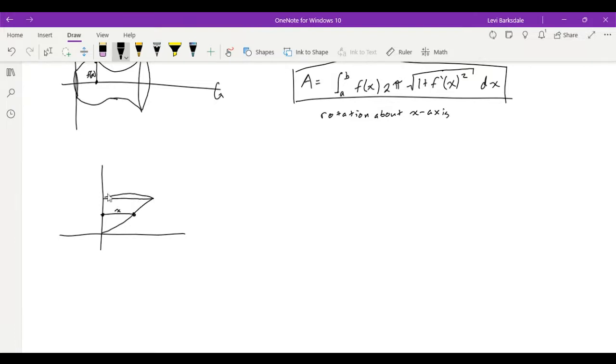This one is not as good of a picture, unfortunately, but you get the idea. In this case, we would have x times 2 pi. So when rotating about the x-axis, our radius is f of x. When rotating about the y-axis, our radius is simply x. And our arc length is, of course, the same.